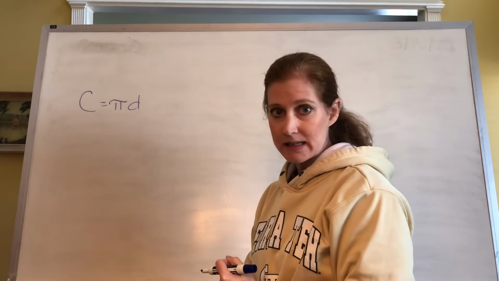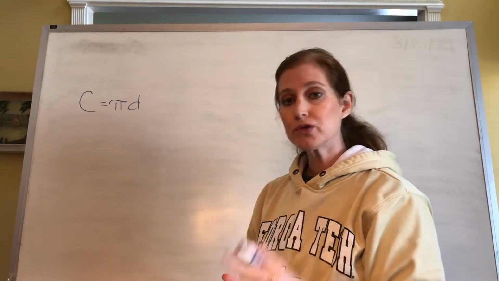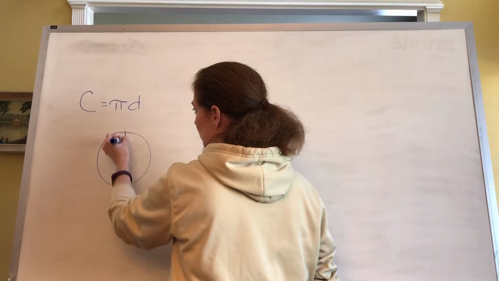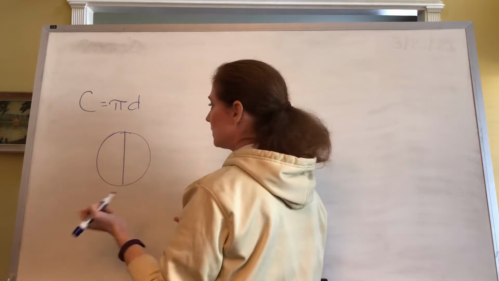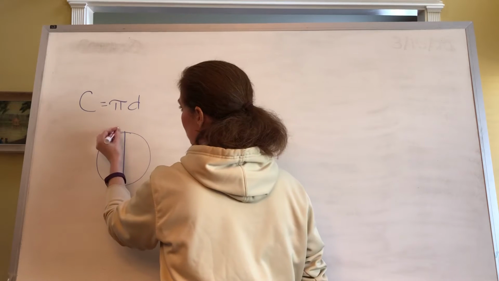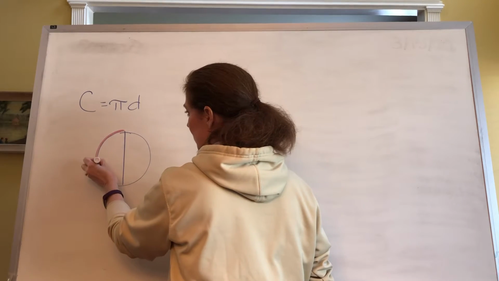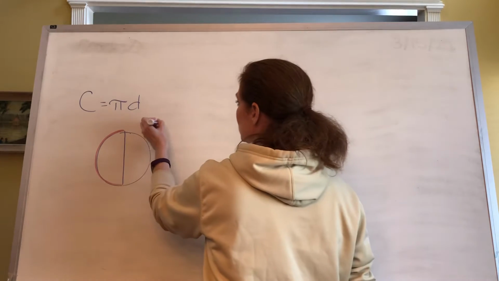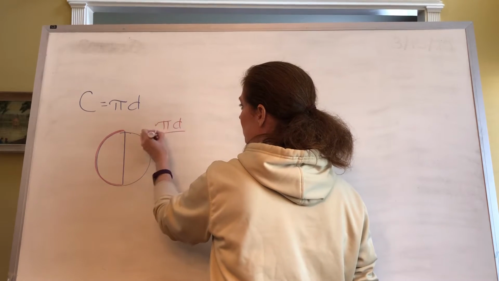Circumference is pi d, and so that's for a full circle. If we're doing a semicircle, which is going to be half of the circle, then the perimeter, which will be just the outside of half of that circle, that's going to be pi d over 2.